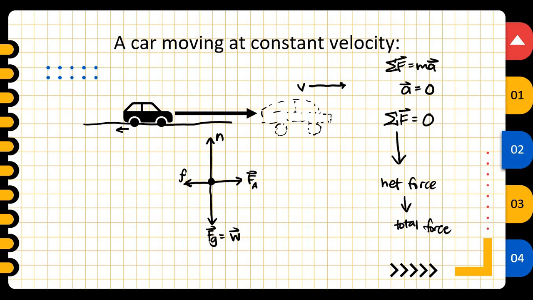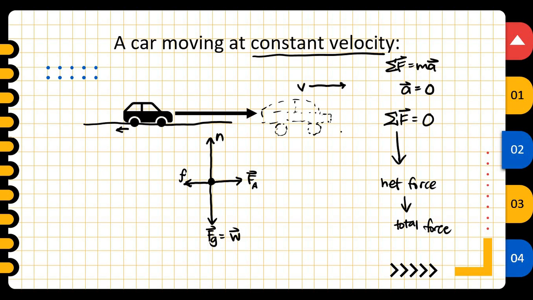Now, this is a little bit confusing because we knew that the car is moving. That's correct. The car is moving, but at a constant velocity. Because it's moving at a constant velocity, all the forces inside the system are in a state of equilibrium.